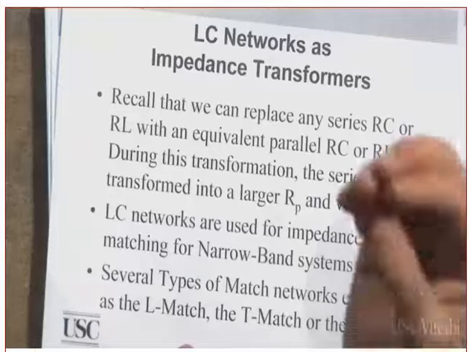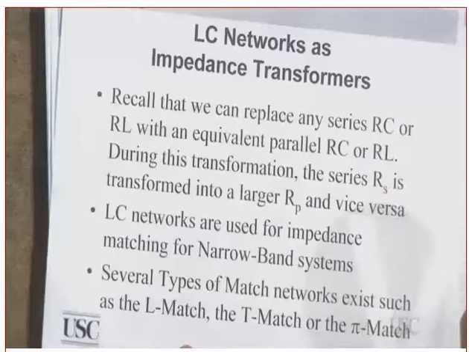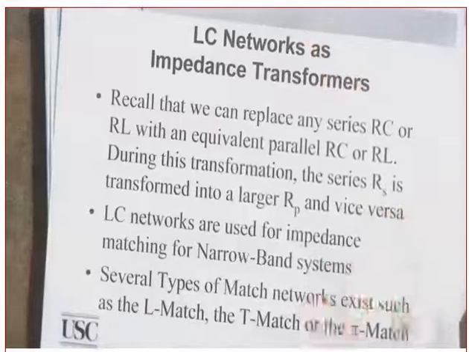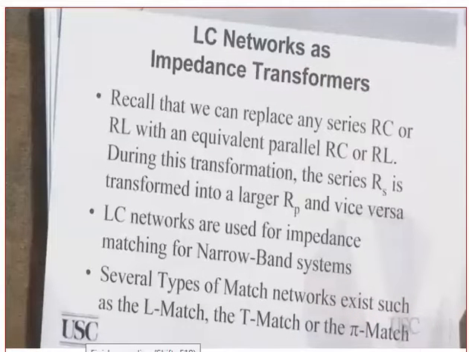Remember, the resonance will appear at how many frequencies? One frequency, which means the matching will be done only at one frequency. At any other frequency, the matching will not be perfect. Did you get this point or not?